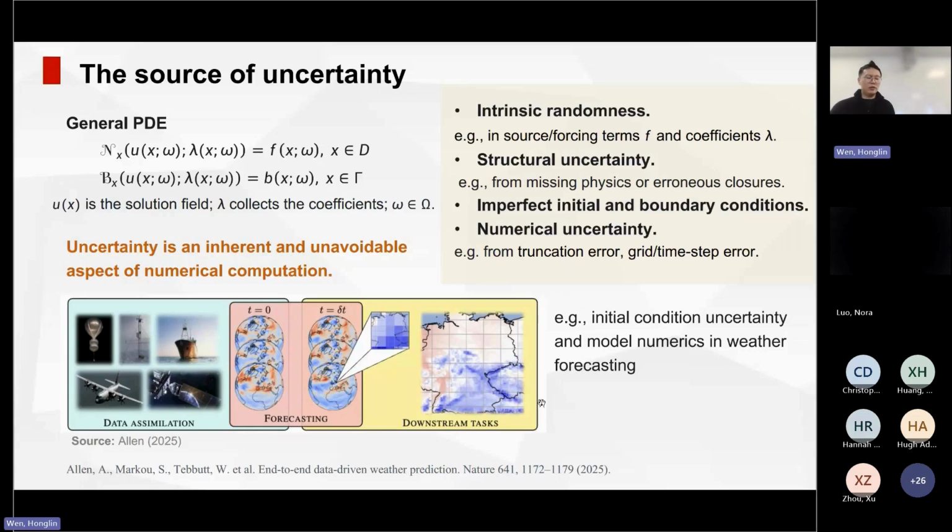A very good example is weather forecasting. When we forecast the weather for the next day, what do we have for the initial condition? We get it by data assimilation. We use a lot of data from observations on the ground and also from satellites.